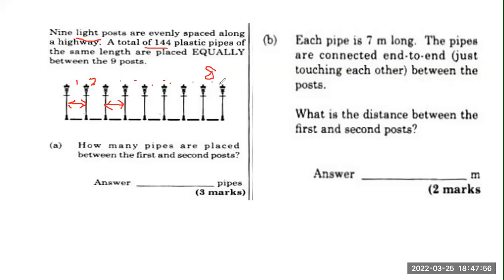In the context of this question, let me recap this. We have done this already, but just for the sake of understanding, let's talk about it. In the case of that question, we'd have had a straight line, poles are placed, pipes are placed between poles, and we would have had 8 spaces and 9 poles.